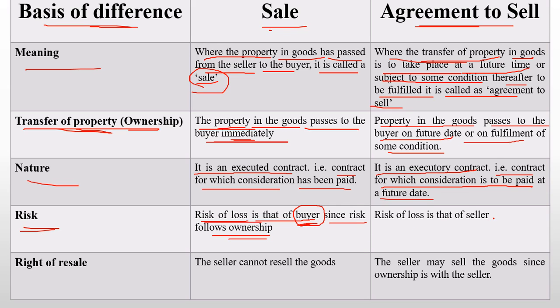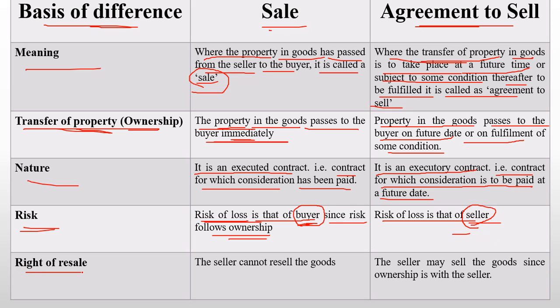And in agreement to sell, the risk of loss is of the seller, because the seller is going to give the goods to the buyer at a future date. Till it reaches the hands of the buyer, the risk is in the hands of the seller only.